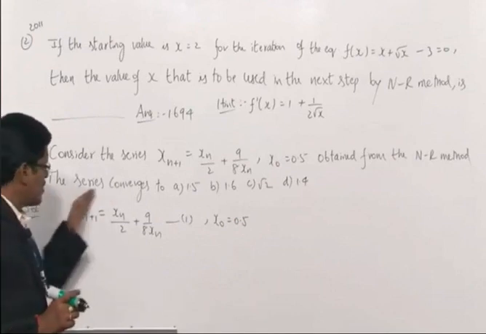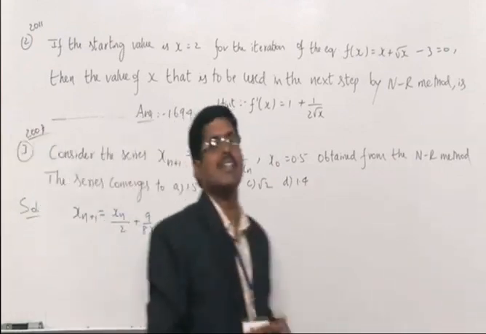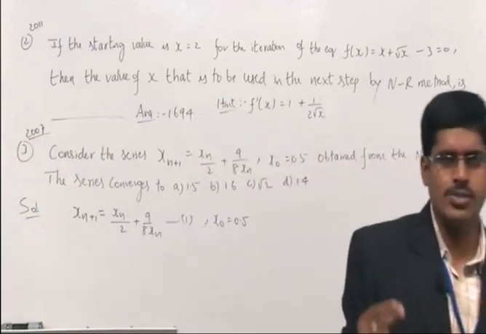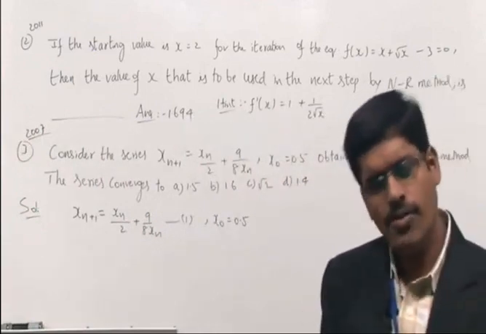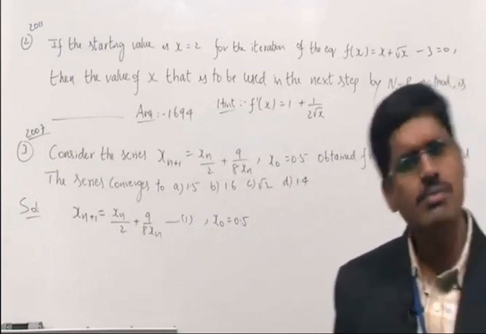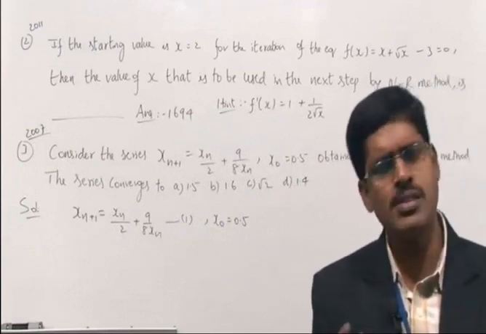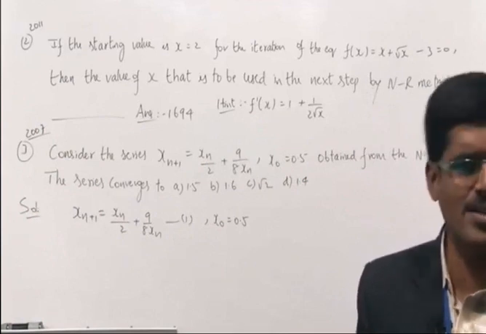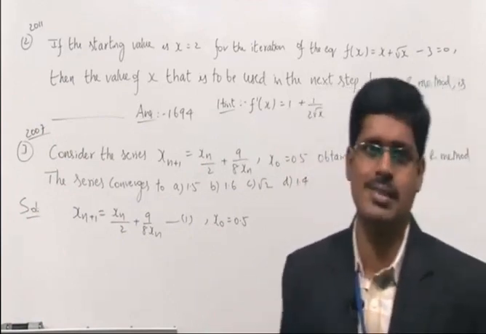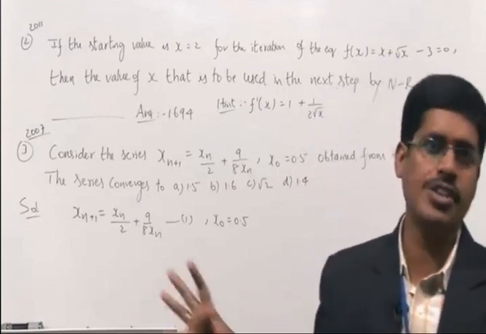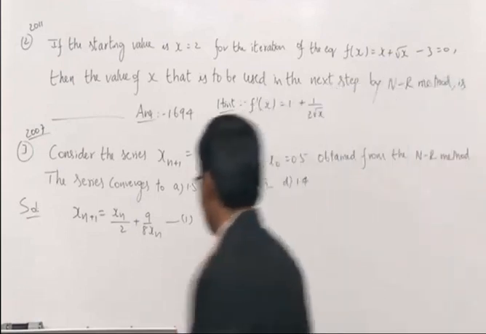Now, what is the meaning of the series convergence? What is the series? Here the series means collecting all x values, x0, x1, x2, x3, like that. That is called series. So when does it converge? Generally, after a large number of iterations, convergence means going to the exact answer. In the general case, in any method, n tends to infinity, that is a large number of iterations.